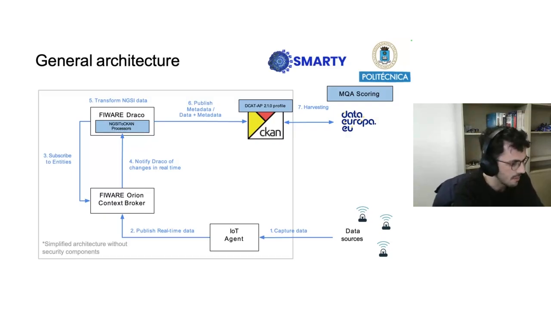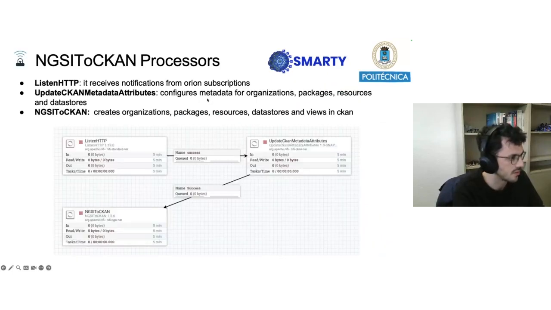OAI-PMHv2 is a protocol that is used for these harvesting tasks, and it is one method that the European Data Portal supports. And I think that it's the best one because it's a standard for doing this kind of thing. So that's what this extension does in terms of publishing the data.